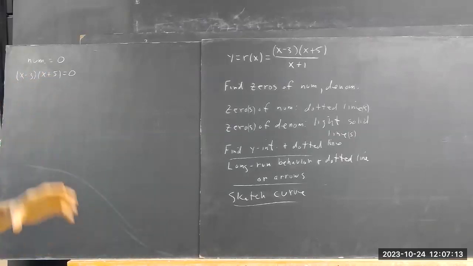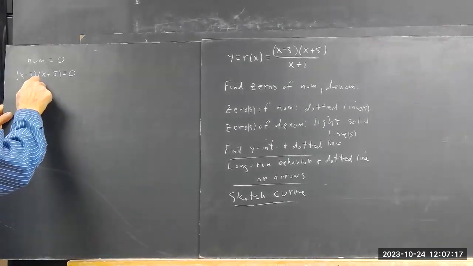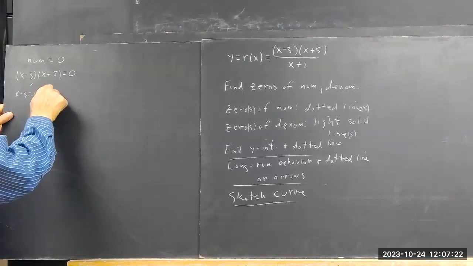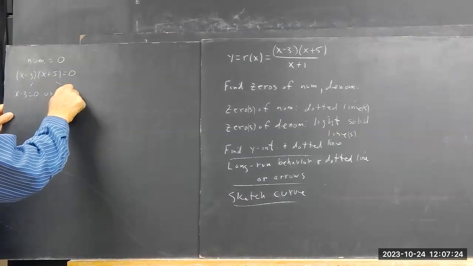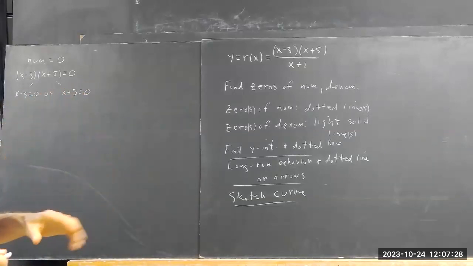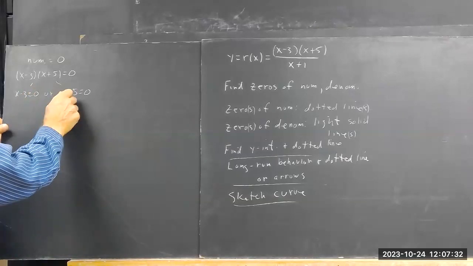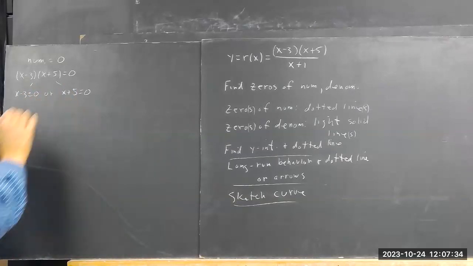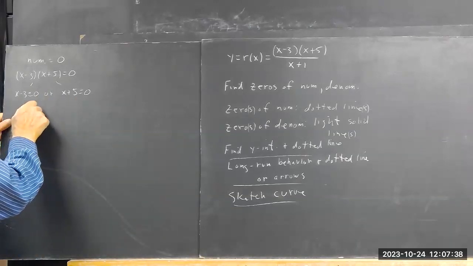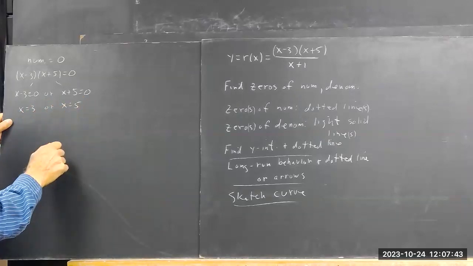I recommend that you write this out because they're not all going to be this simple, and that you reinforce the idea that this means that x minus 3 is 0 or x plus 5 equals 0, so that you understand and reinforce your understanding of the logic. It's hard for people to bring themselves to do this, but you learn a lot more if you do. And you get x equals 3 or x equals -5.